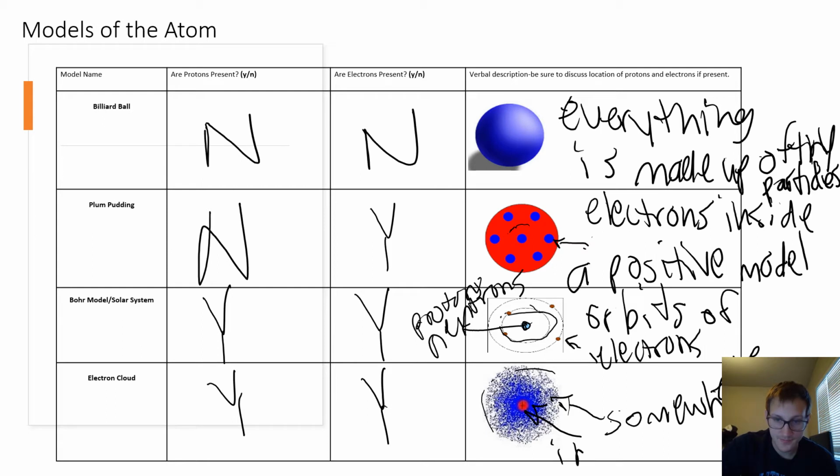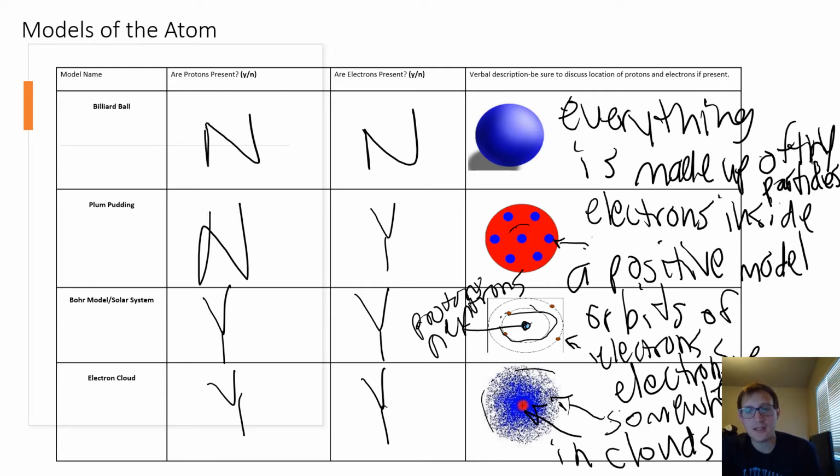They use the same premise as the Bohr model in that it has a positive nucleus with protons and neutrons, but instead of the electrons going in perfect orbits, they appear in these clouds, and they move so fast that we don't know exactly where they are.